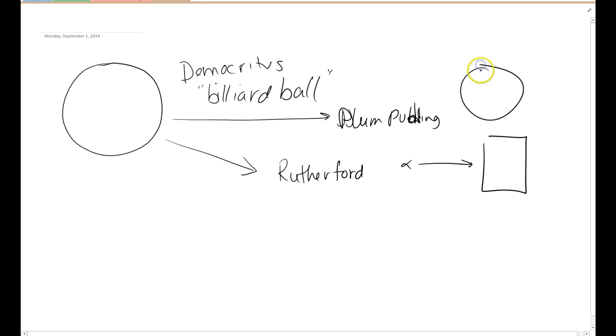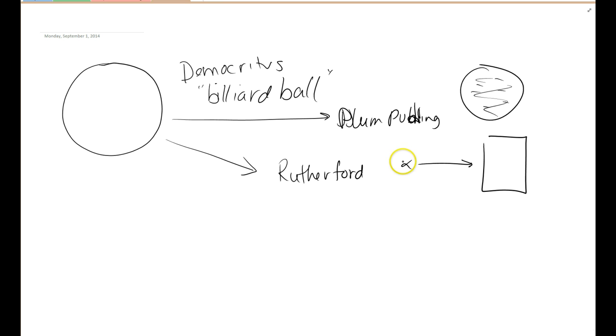They expected positive stuff with little negative charges because the electron had been discovered prior to that by J.J. Thomson. So we have the plum pudding model and the idea that these negative things would be stuck into a positive substance.